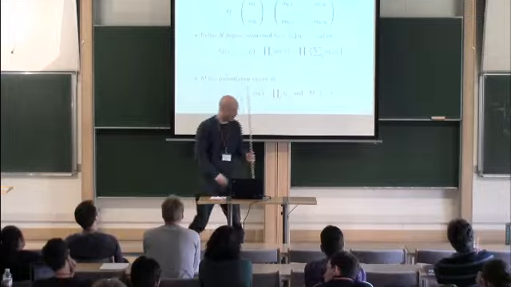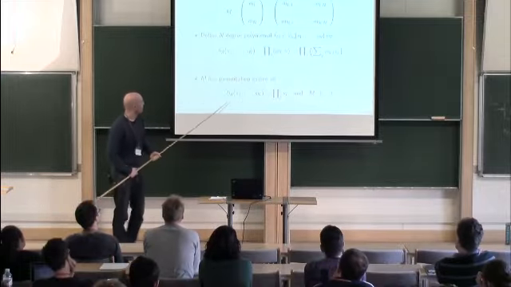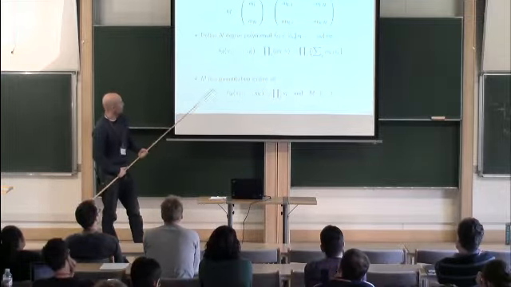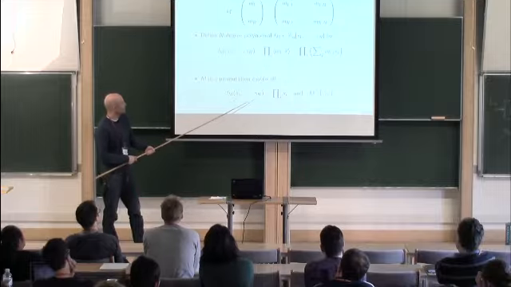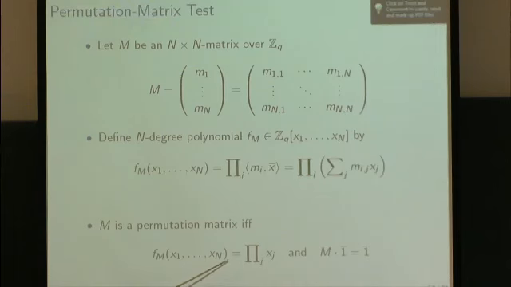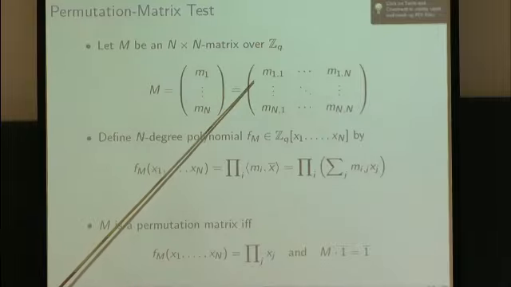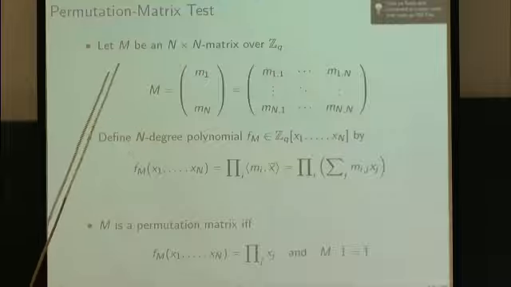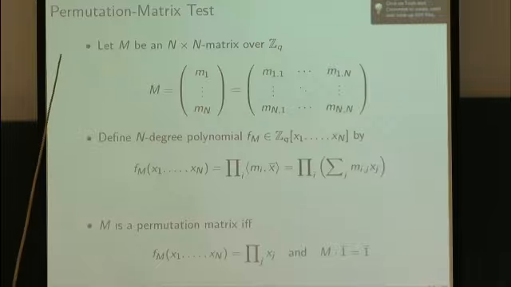Okay, and now the nice thing is that M is a permutation matrix if and only if this holds. This follows from unique factorization, and the easy thing to see is that if there are two elements that are non-zero in any column, you will get a square in there, right? That's easy to see.